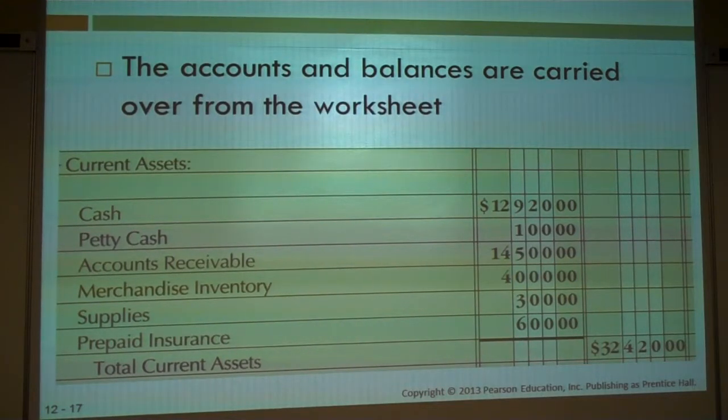Accounts receivable we could collect. Merchandise inventory, if we needed cash in a hurry, could we just have some type of clearance sale? We could get rid of some things. Yeah, we could. Supplies might be a little harder, but if we had a lot of supplies on hand and we really needed cash, we could. And then the prepaid insurance.